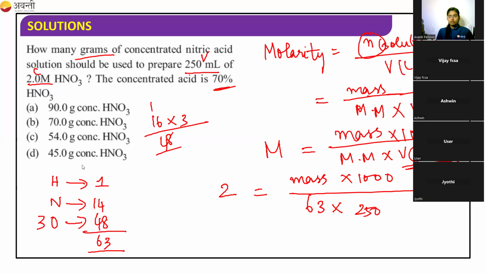Okay. So if we cancel all these things, we will get the mass value as 2 into 63 divided by 4. Again we can cancel this. And what is the correct answer for this? So 63 divided by 2, it is around 45 gram concentrated HNO3.